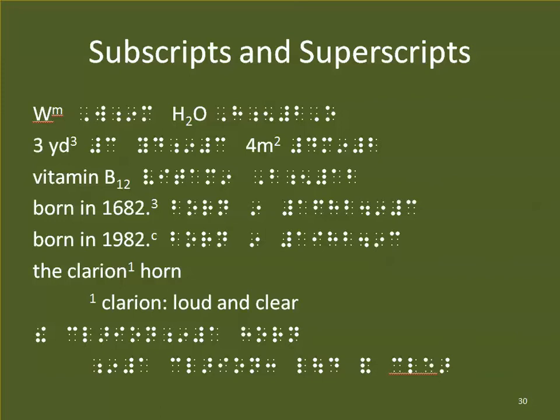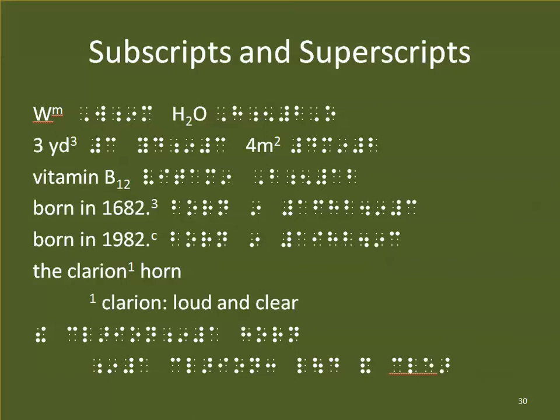We don't want that, so we need that grade 1 indicator there before our superscript indicator, and then just the M. H2O, the 2 is subscript, and again we need that grade 1 indicator there. Then the numeric mode indicator for 2, and then the capital O. So the superscript and subscript symbol indicators only affect the very next symbol. So it's understood that, say, that O is back down to the regular level of text. Only the 2 is subscript.